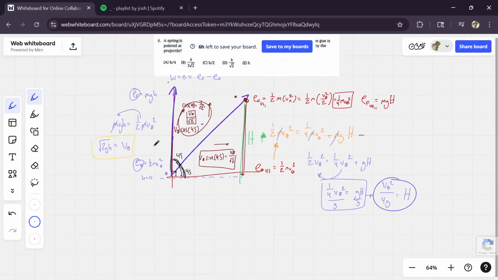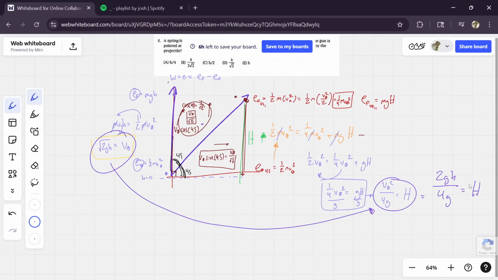No way we have to do that. We have to substitute in this all the way over there. Because this is squared, it's going to cancel out the square root. So this ends up being 2gh over 4g is equal to big H.